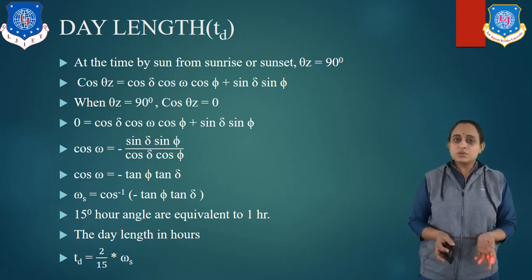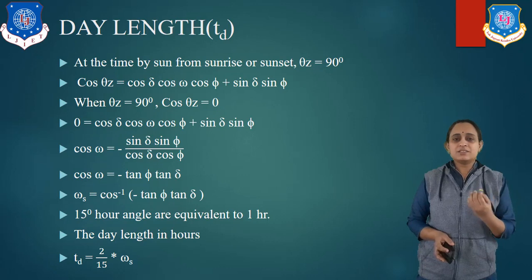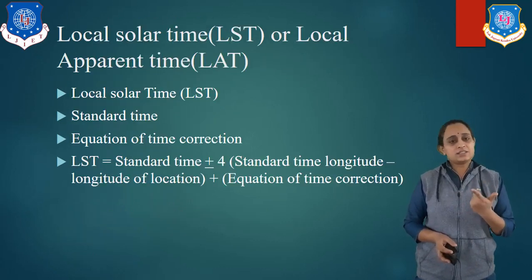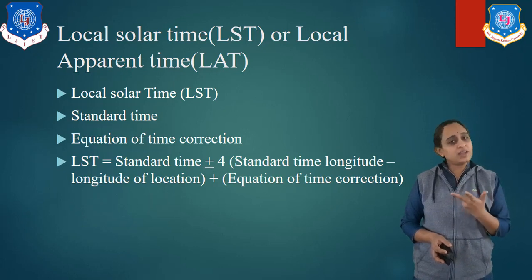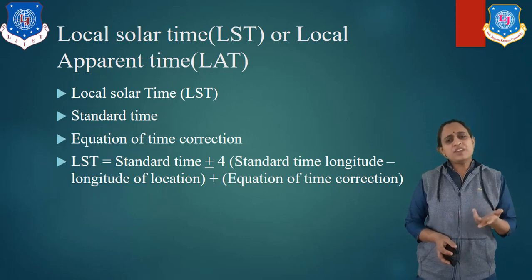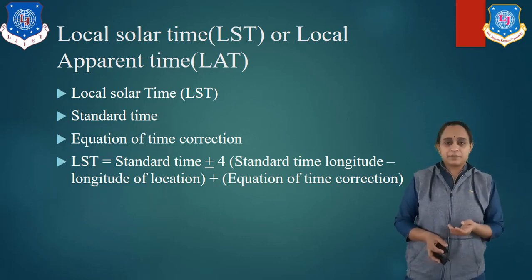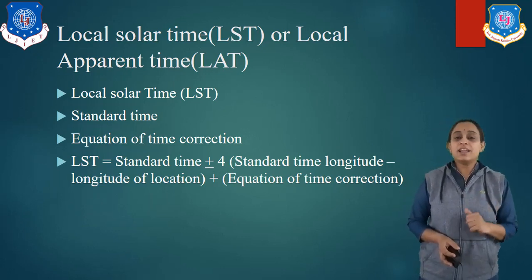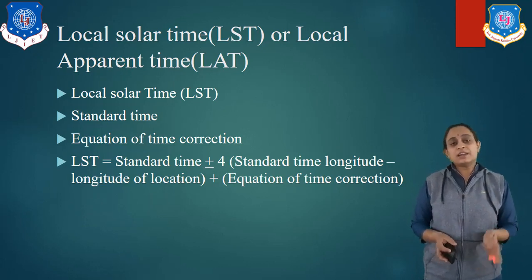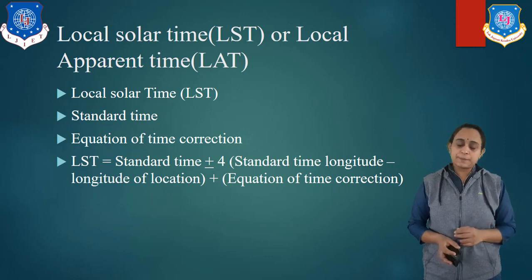For the local solar time, we say LST: L for local, S for solar, and T for time. So LST means local solar time, or we can call it local apparent time, LAT. It is the local time at a particular location.